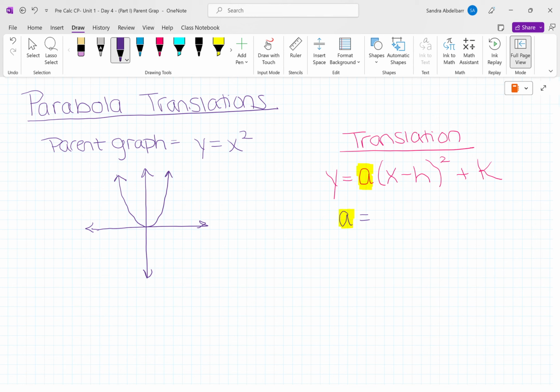Okay, so for the purpose of this class, the only purpose A serves for us is if it's going to be a frown or a smile. So if A is positive, it's a smile, open up. If it's negative, it's a frown, open down.